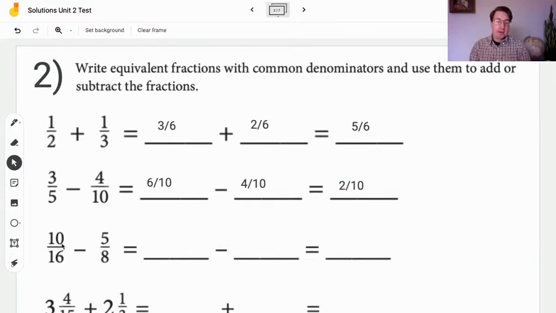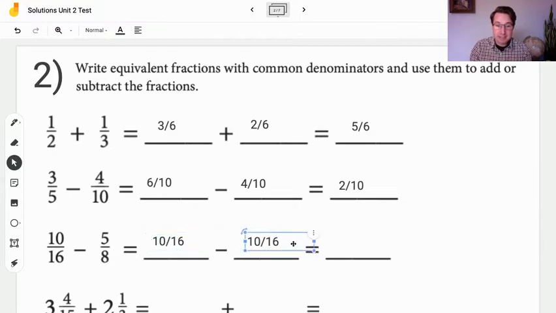Wonderful. Okay, 10/16, 5/8. Well, 8 goes into 16, so that's the very first thing you look for, which means we're not going to convert the 10/16. So 10/16 stays the same. But 5/8, 8 times 2 is 16, 5 times 2 is 10, so that gives us 10/16.